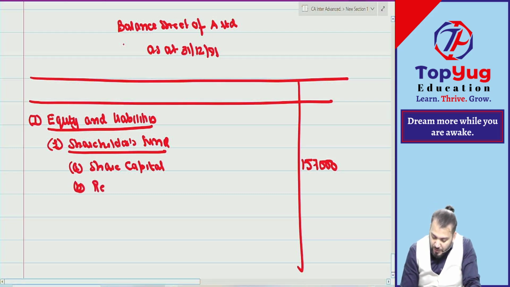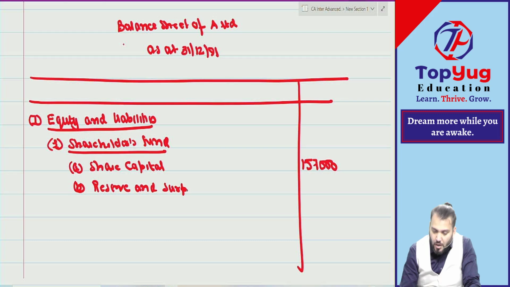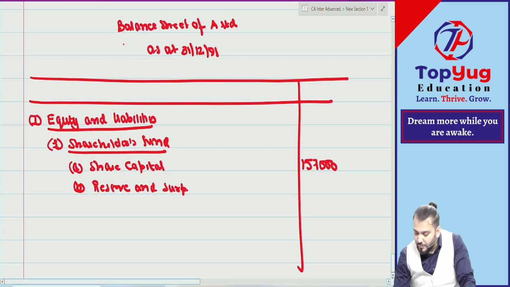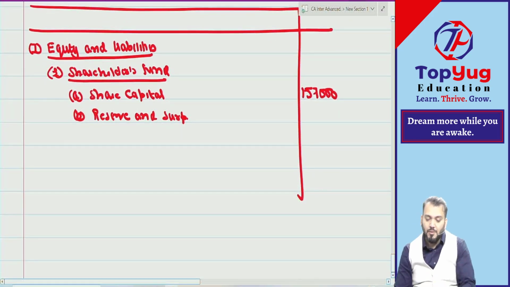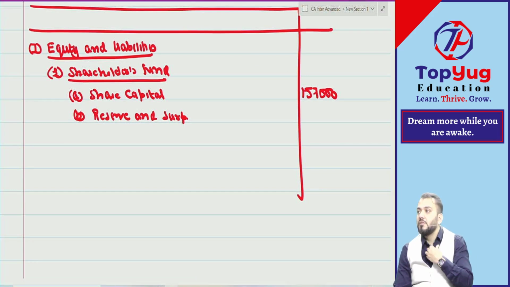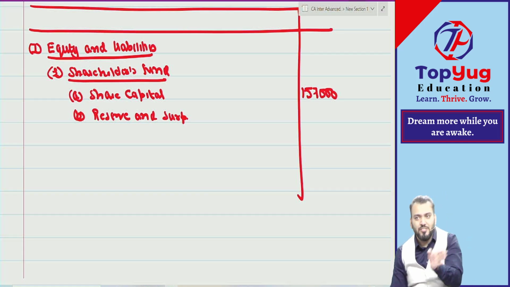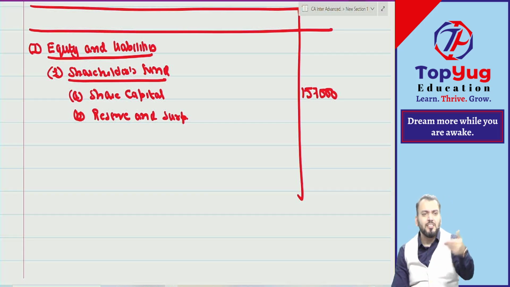Any reserve and surplus? Since it was a partnership firm, when amalgamation is in the nature of purchase, reserve and surplus of the transferor company will not come.